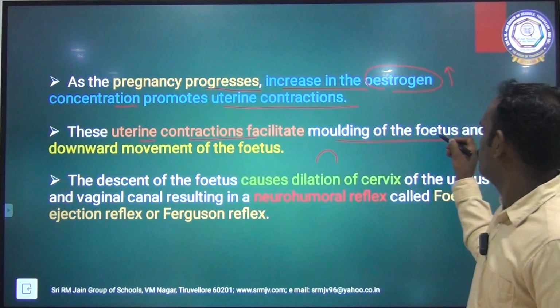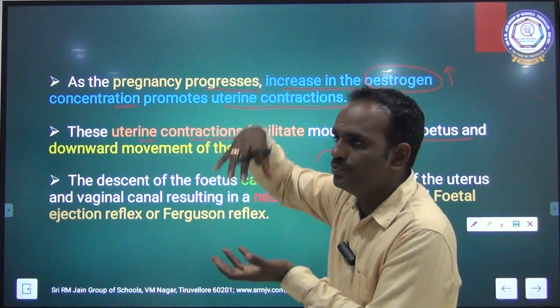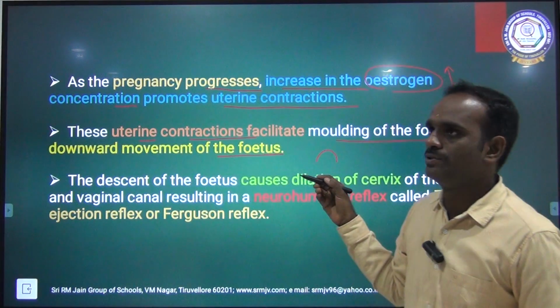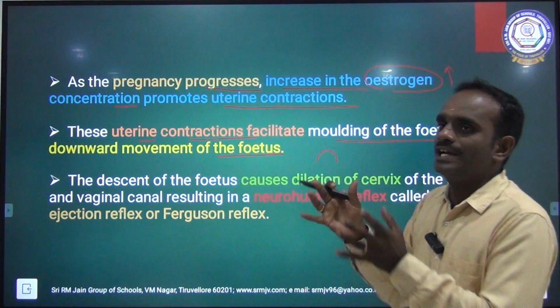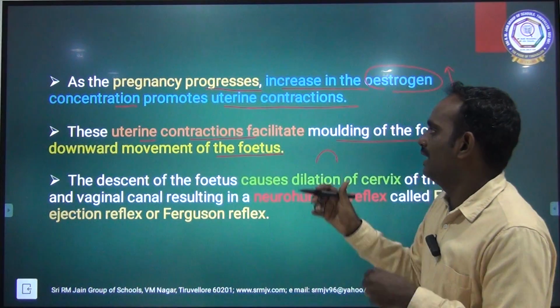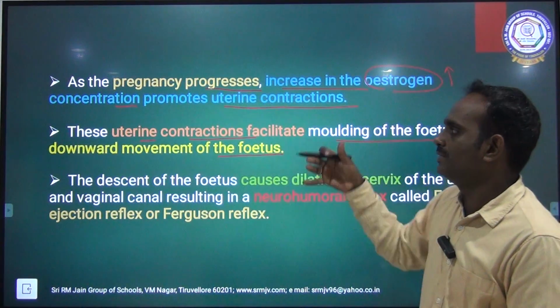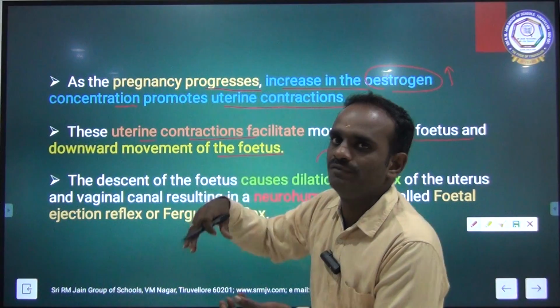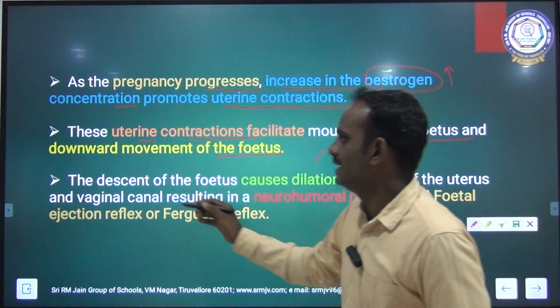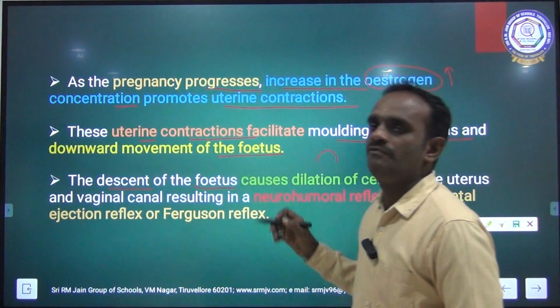So due to the contraction of uterus, it facilitates the molding of the fetus and also the downward movement of the fetus. Clear? Then the descent of the fetus.